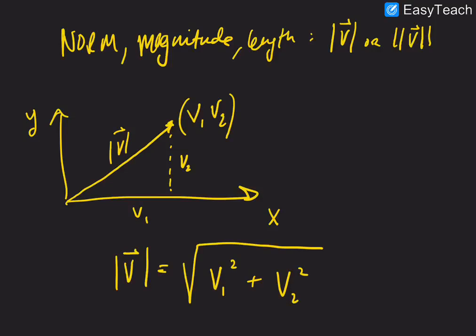And that's only for 2D. So if it was in 3D, you'll find the magnitude like this: V1 squared plus V2 squared plus V3 squared, all under the square root. So that's 3D, 2D. Does that make sense? My favorite student. Okay, good.